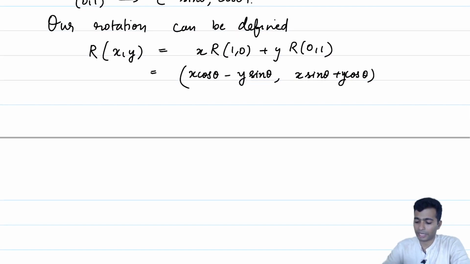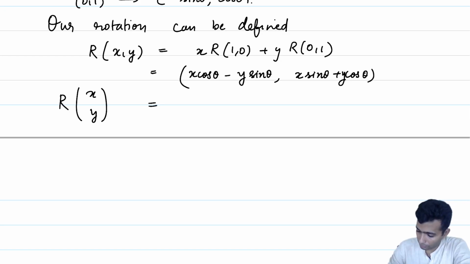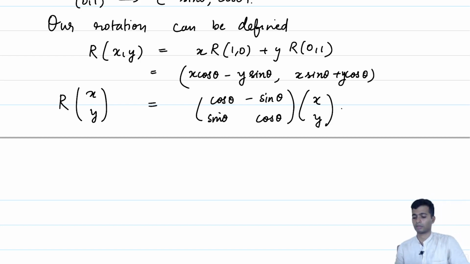And if we write it in terms of column vectors, (x, y) is being sent to the matrix with rows (cos theta, minus sin theta) and (sin theta, cos theta) times the vector (x, y). As you can see, I am trying to get hold of a matrix to represent our linear transformation R, and we will very soon see that this can always be done.